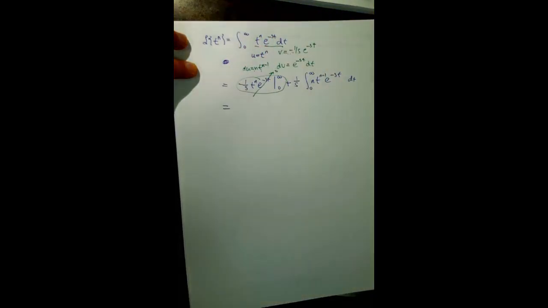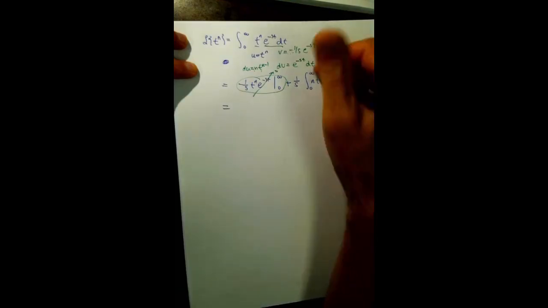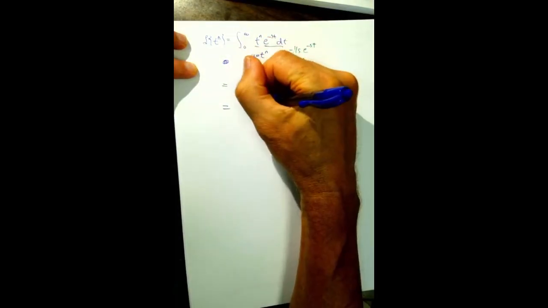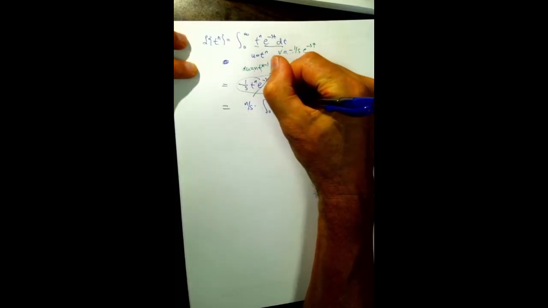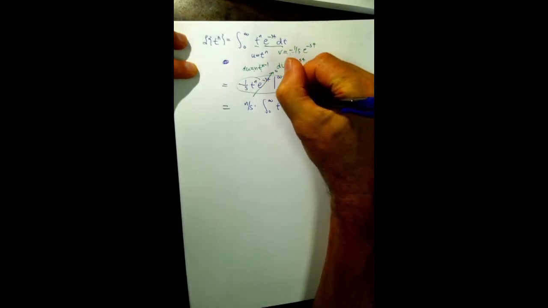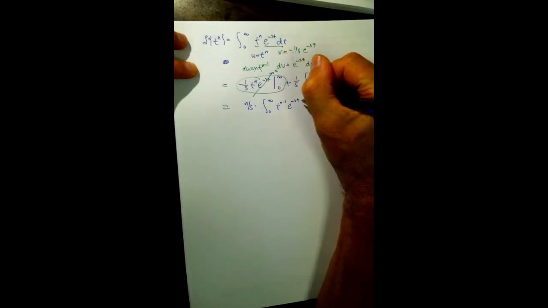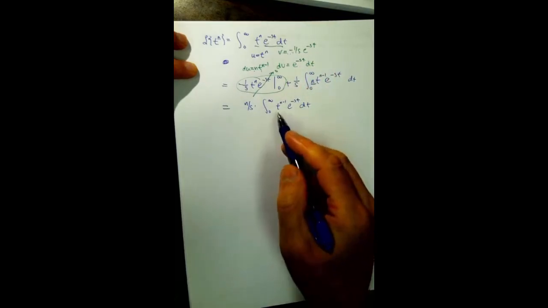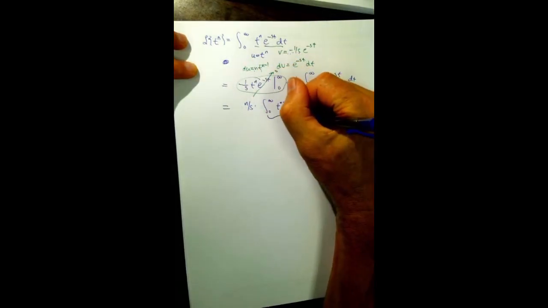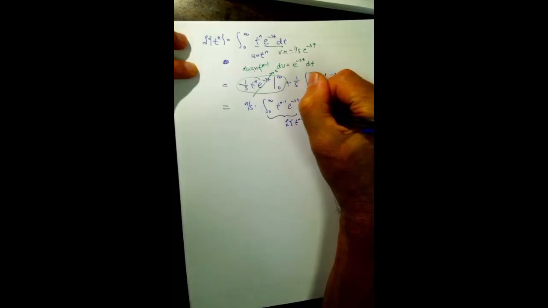This is going to go to 0, and you should be able to show this. And the n I can pull out because that's a constant. And then this is the Laplace transform of t to the n minus 1.